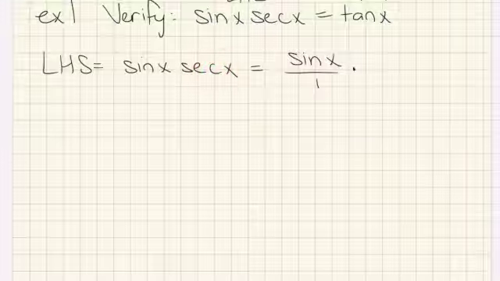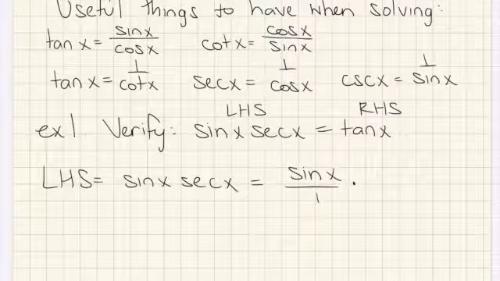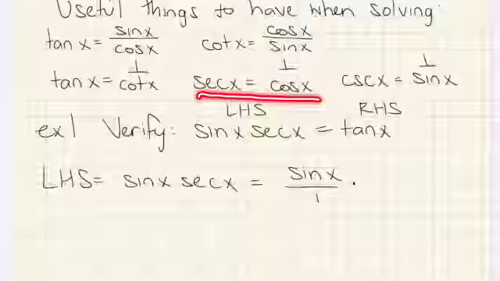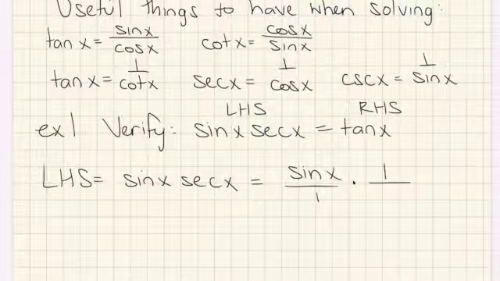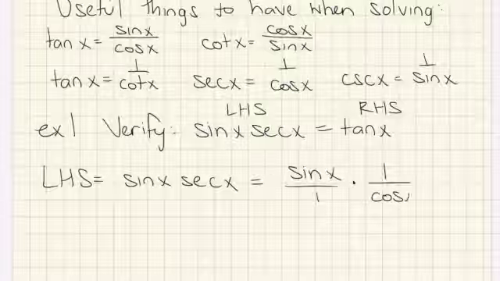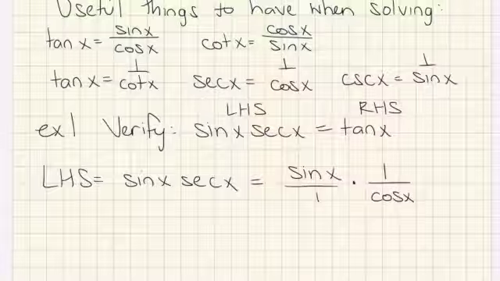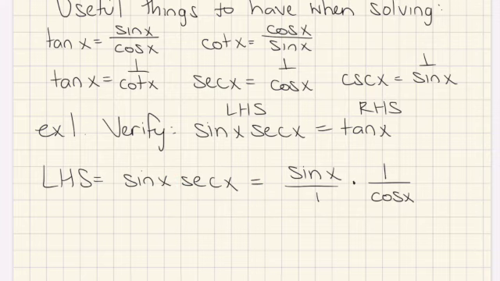We will be putting it over 1, and we are going to multiply it by secant x, which can now be simplified. Our notes say that secant x is equal to 1 over cosine. So we are going to go back to our equation and write 1 over cosine x in place of secant x right here.